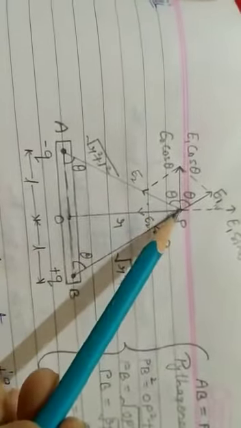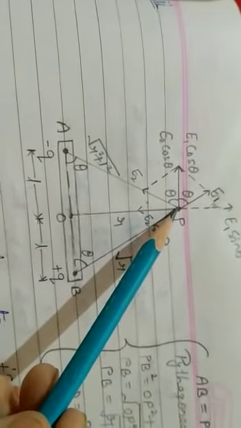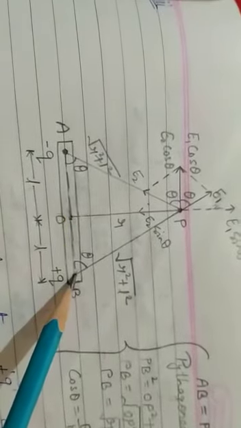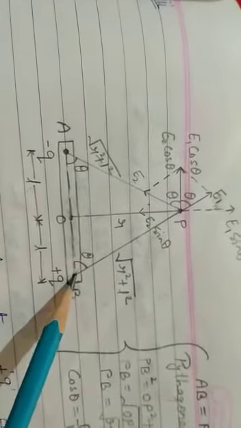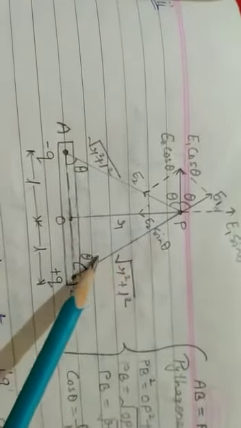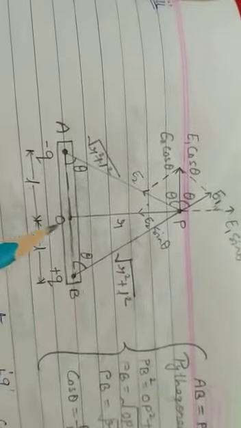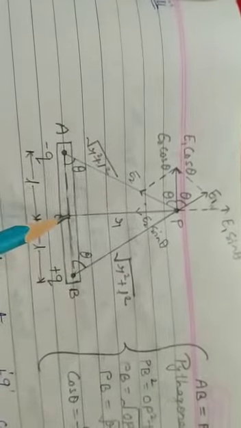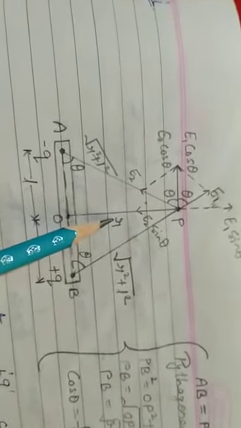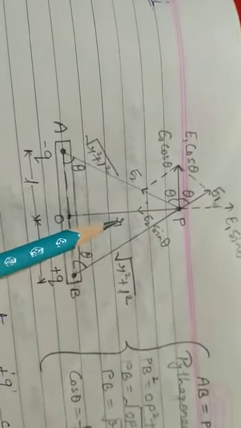That means it is at the same distance from the minus Q charge and the plus Q charge. So we join it by drawing one line. From center O, the distance of P is R. So students, be very careful.